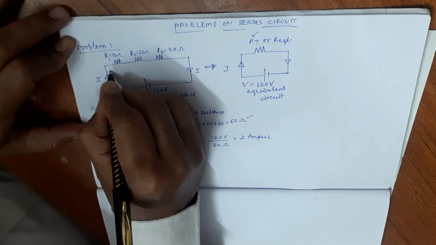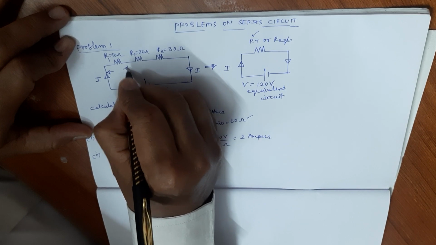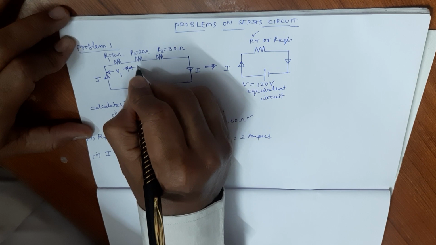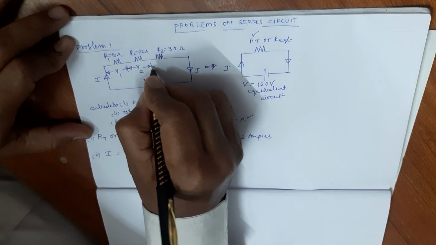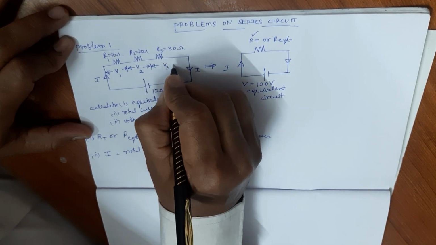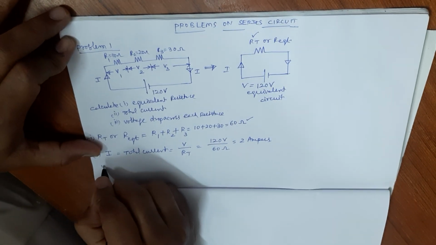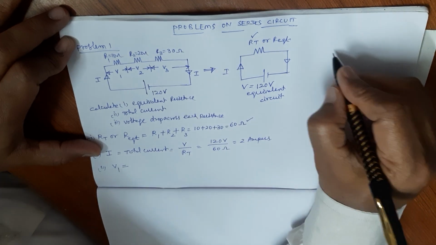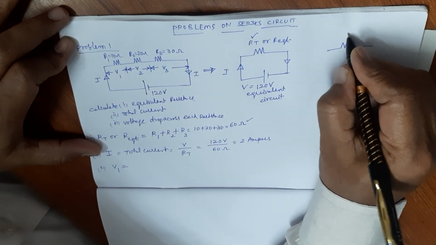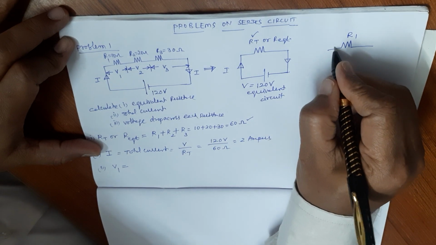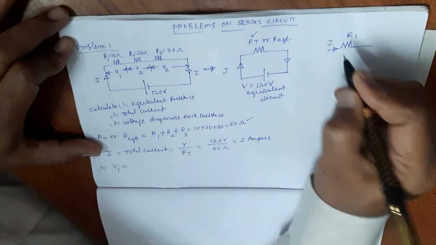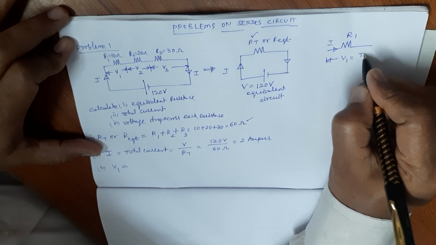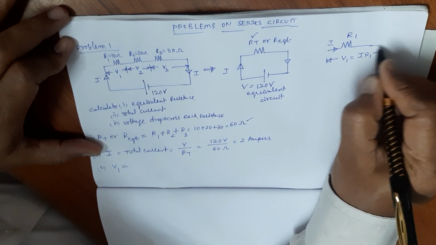If the current flows through the first resistance, there is a voltage drop across this as V1. The voltage drop across the second resistance is V2 and the third resistance is V3 and so on. Now, calculate the voltage drop across the first resistance. What is the voltage drop across the first resistance? In the resistance R1, there is a flow of current I. According to Ohm's law, voltage drop is always the product of current and resistance.